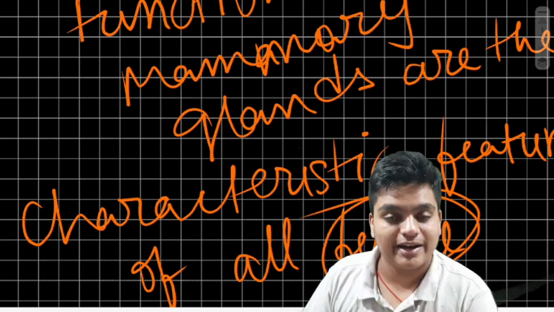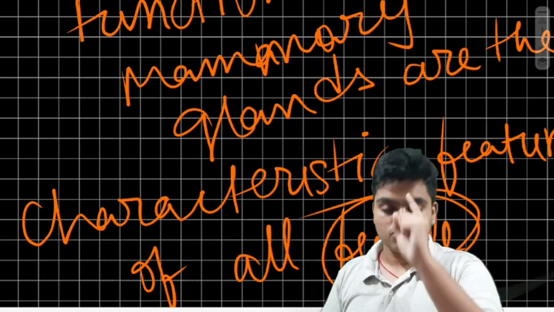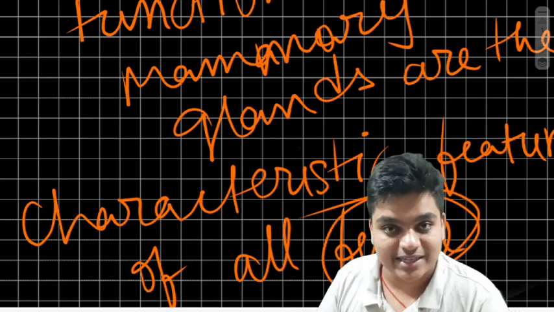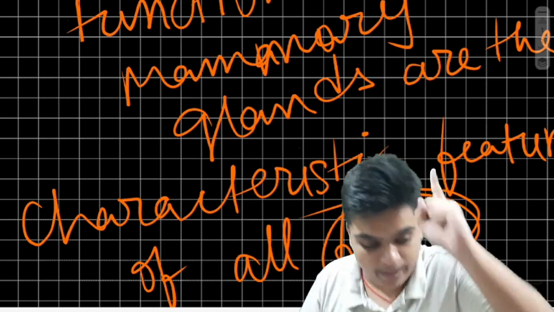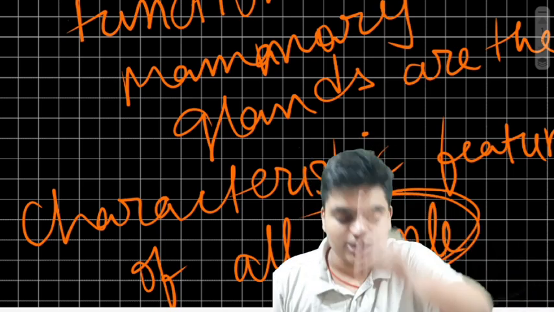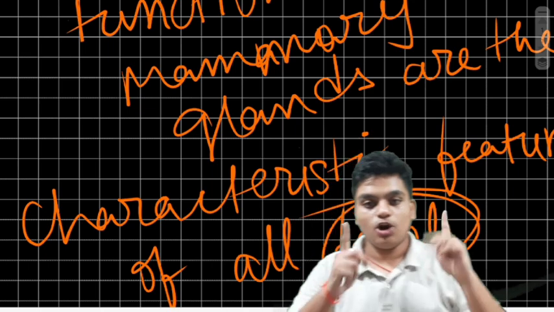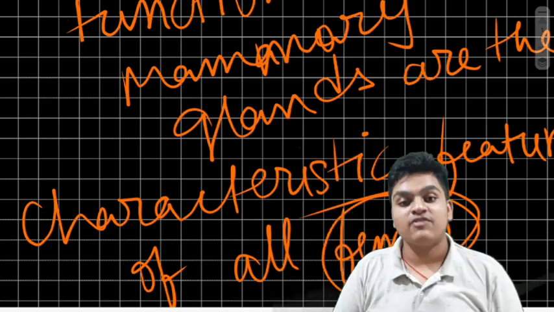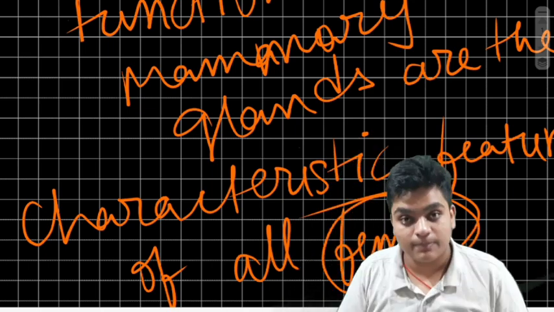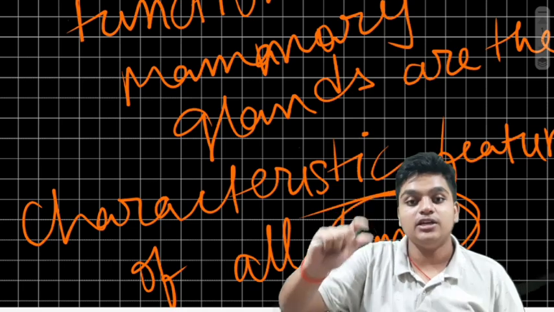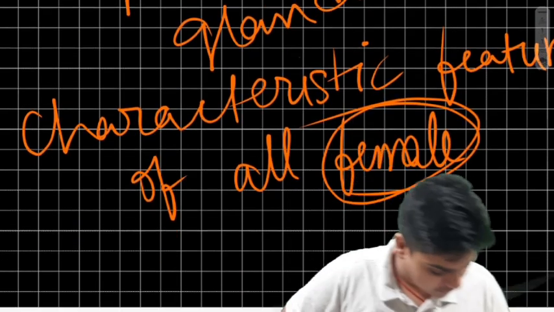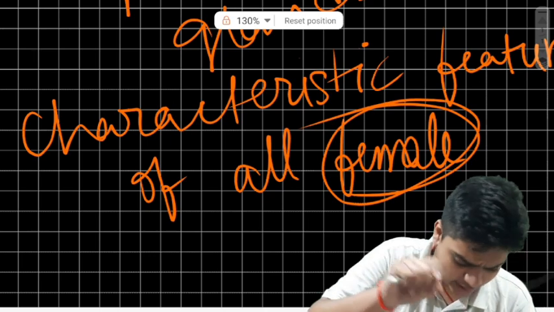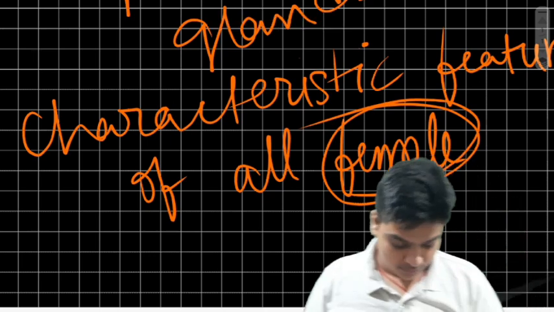The functional mammary gland is a characteristic feature of only female mammals, not all mammals. All female mammals, but not mammals. Please be very careful while reading this statement, especially near the words female and all. That is very important, guys. This is the first line. Underline it, put a star mark.